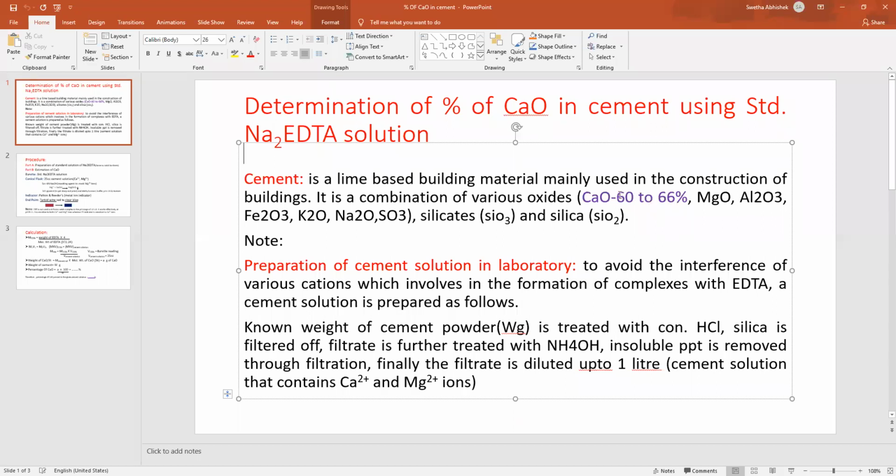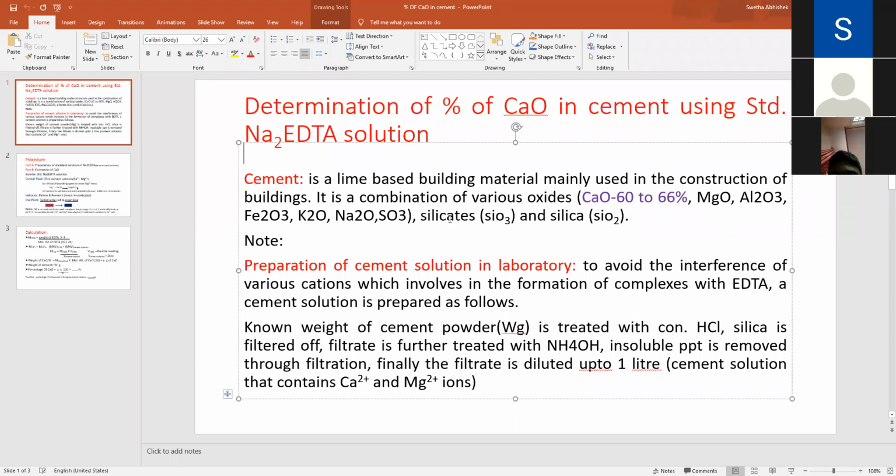Along with calcium oxide, it also consists of magnesium oxide, alumina, that is aluminium oxide, ferric oxide, potassium oxide, sodium oxide, and sulfur trioxide. Along with oxides, it also consists of silicates, SiO3, and silica. That is, 25% of silica is also present in cement, which is nothing but sand.